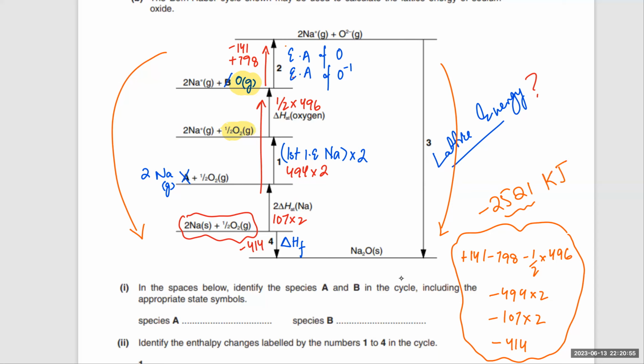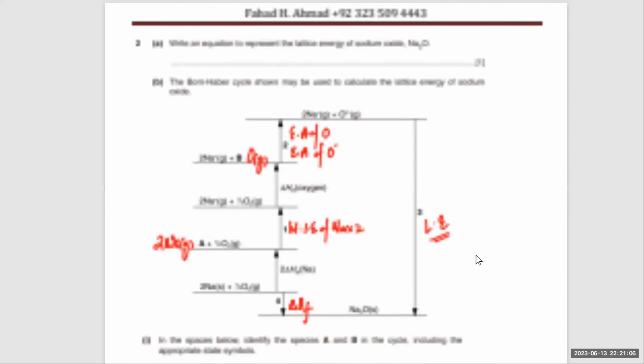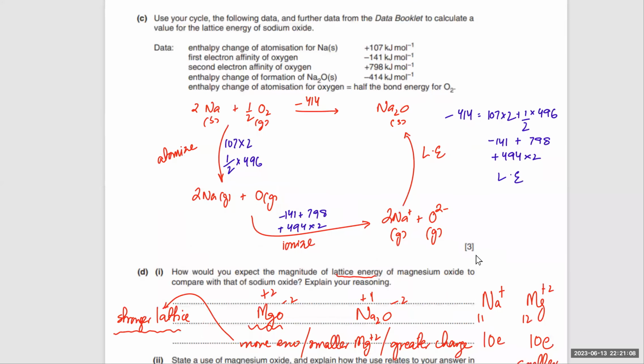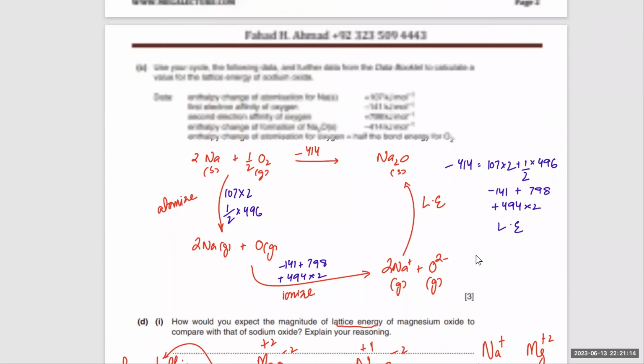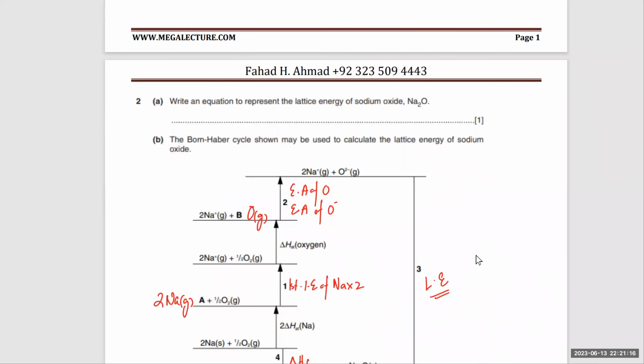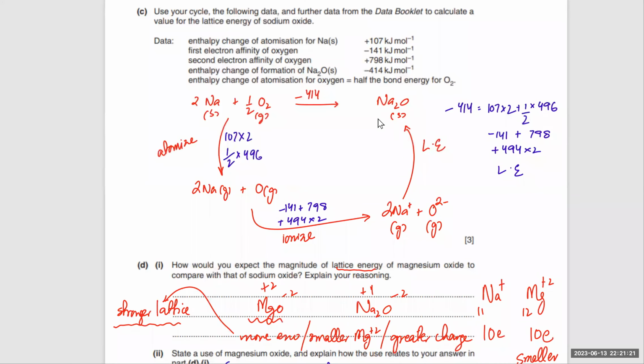So let me just double check. It was this one. Are you sure, minus 2521? No, I'm not sure, but that's what I got.